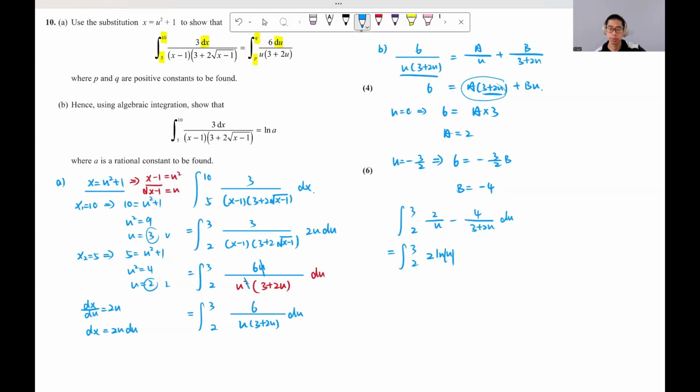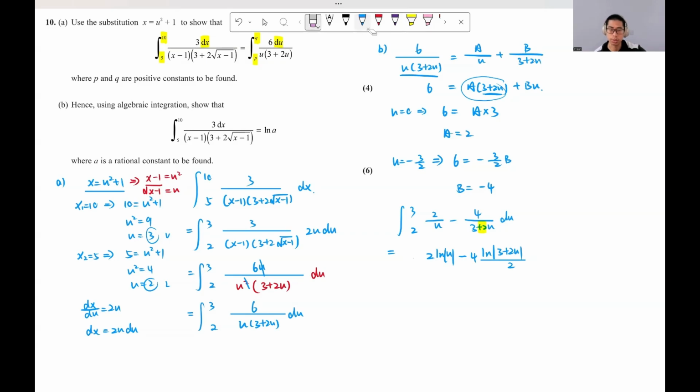And for the second one, minus 4 is just 4 times 1 over 3 plus 2u. Since the denominator is just a linear expression, it's just ln of 3 plus 2u. And because it's a linear expression, we always divide by the coefficient of u. So then we divide by 2 once we integrate it.